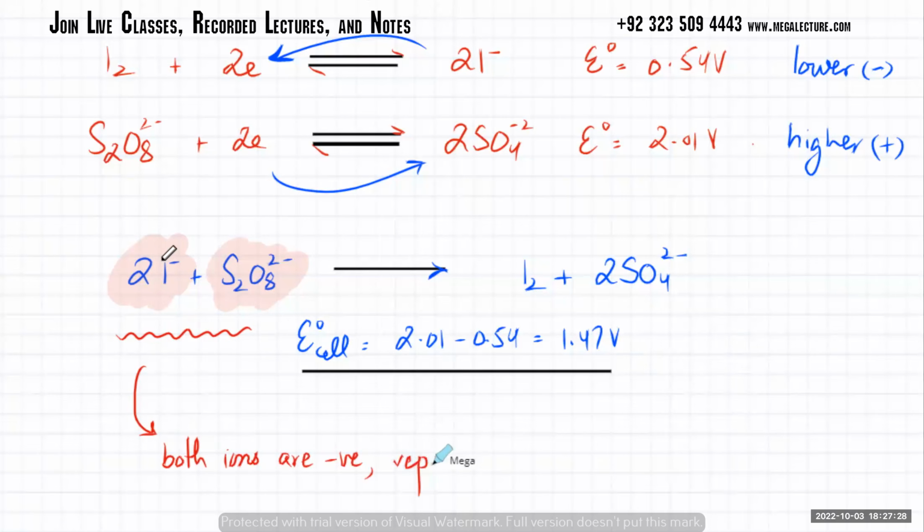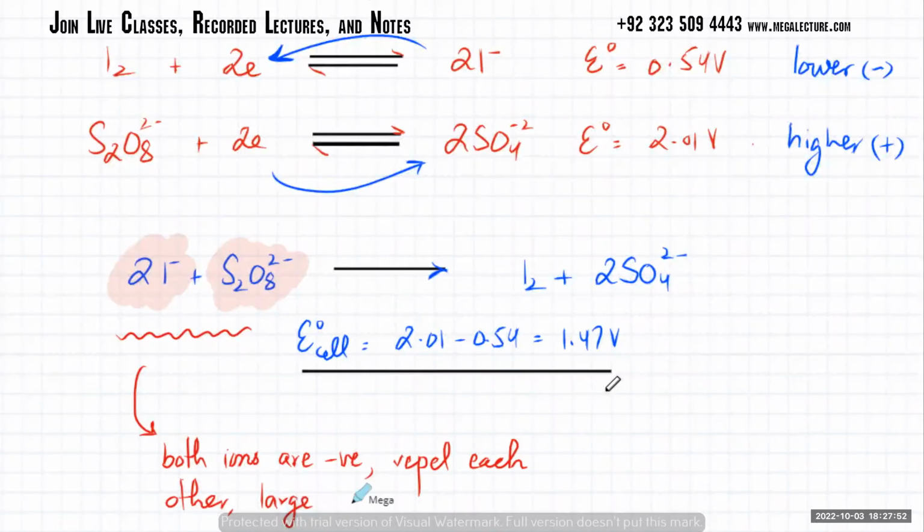So is the idea clear why this reaction has very high activation energy? To make them even meet each other, to have a collision, you would have to give them a lot of kinetic energy so that they can overcome the force of repulsion.